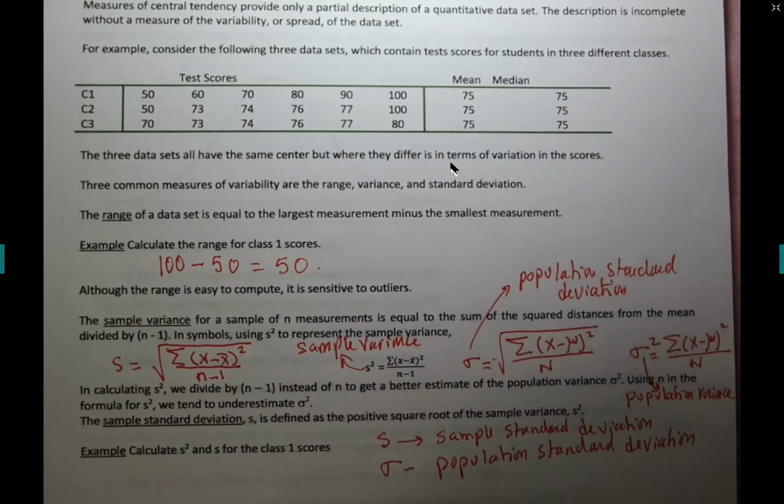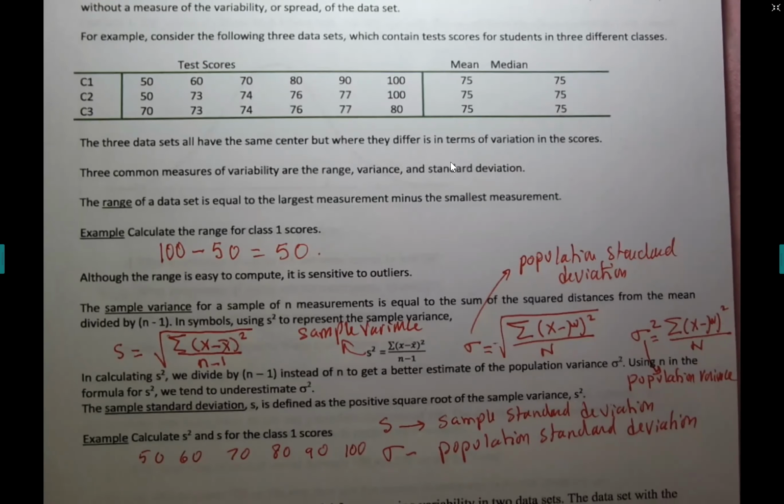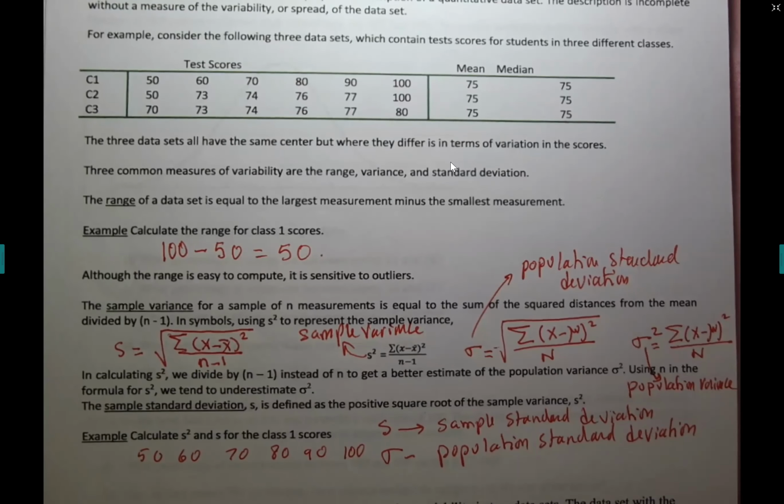Calculate S square and S for class 1 scores. What are class 1 scores, guys? They are 50, 60, 70, 80, 90, 100. Before I do it, guys, do you think the standard deviation is going to be large or small?